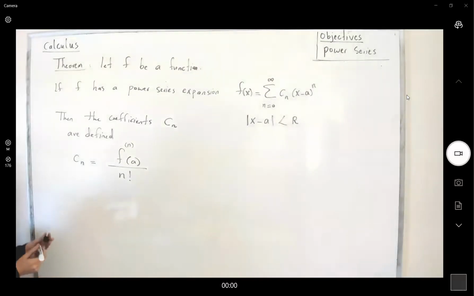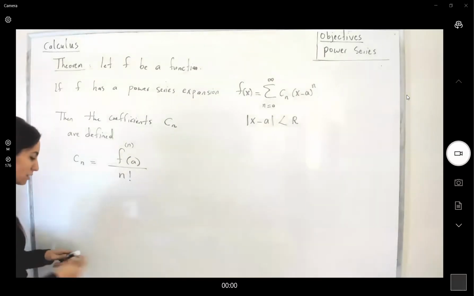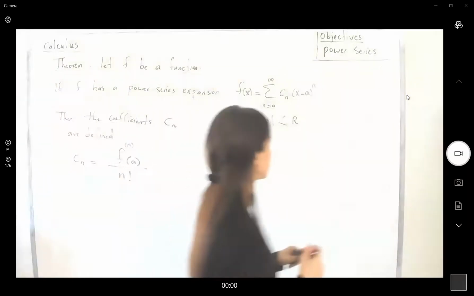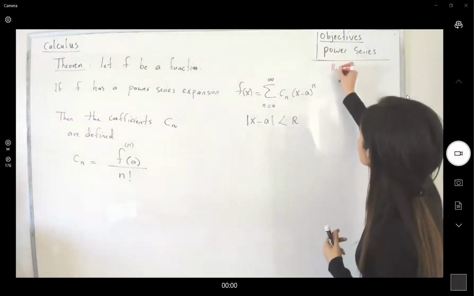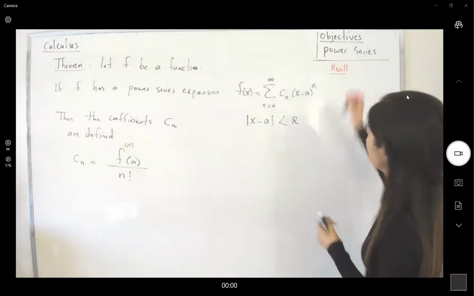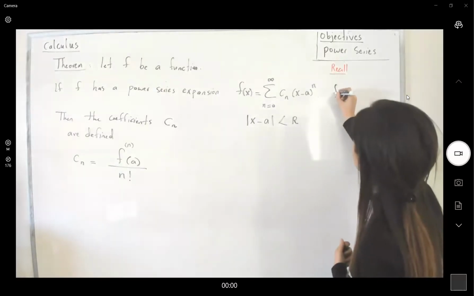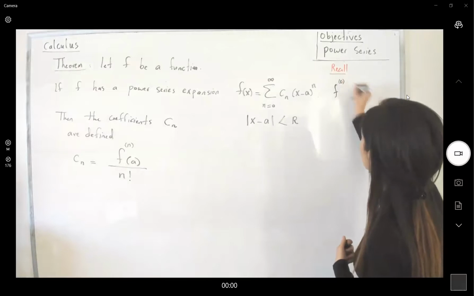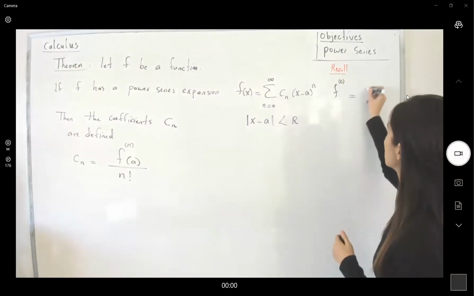Okay, what's the meaning of that? So before writing C sub 0, C sub 1, C sub 2, and the rest of them, remember how we define the different derivatives of the function, the power derivatives. Recall. So f to power 0 in parentheses is the same as your function.